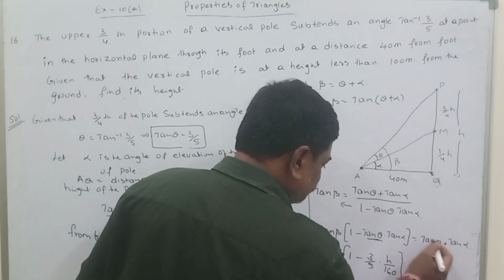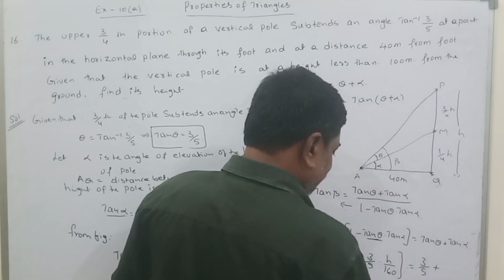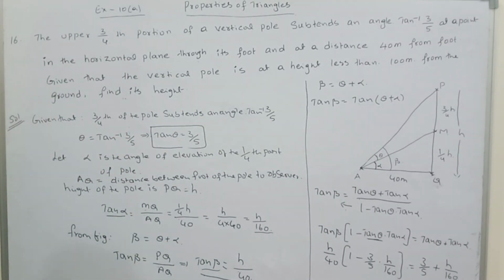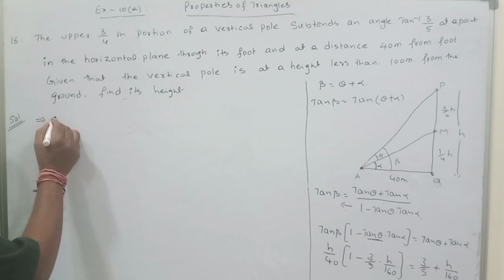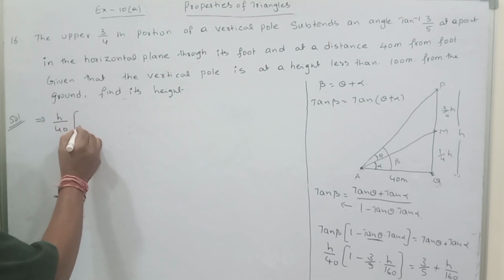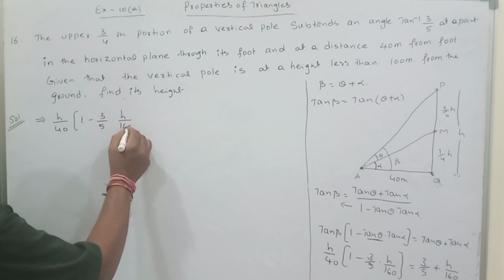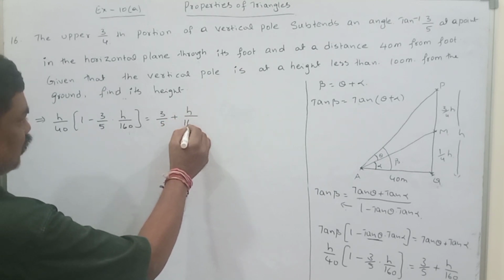So H by 40 of (1 minus 3 by 5 into H by 160) is equal to 3 by 5 plus H by 160.